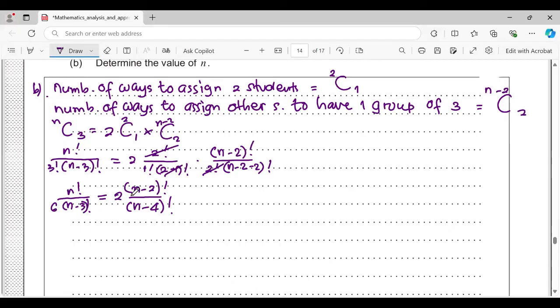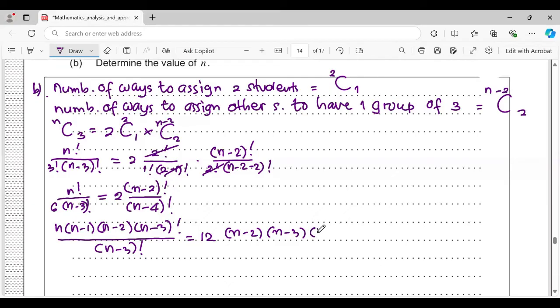After that, I will expand n factorial as n times n minus 1, n minus 2, n minus 3 factorial over n minus 3 factorial. 6 times 2 equals 12. And then I will expand as well, n minus 2, n minus 3, n minus 4 factorial over n minus 4 factorial.